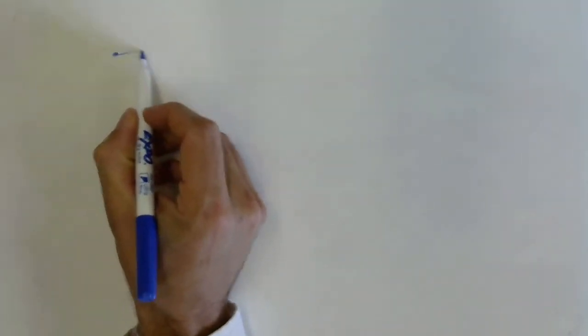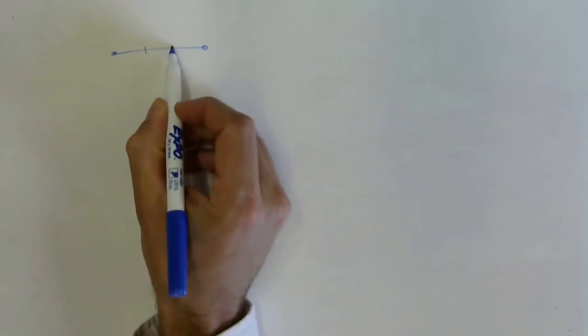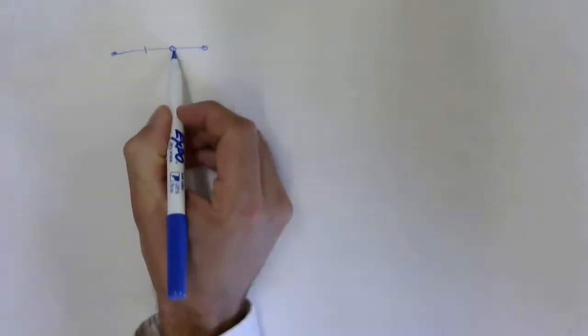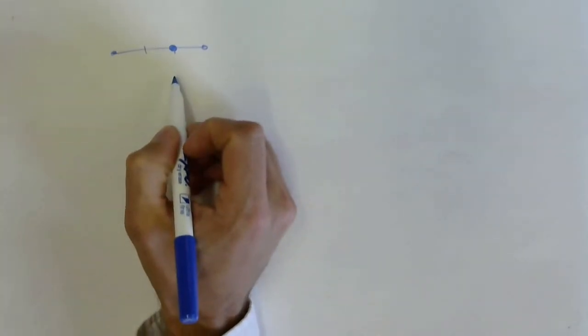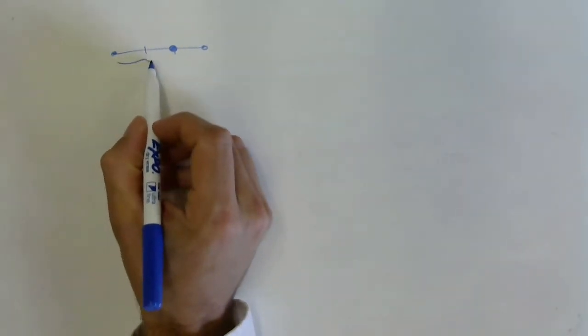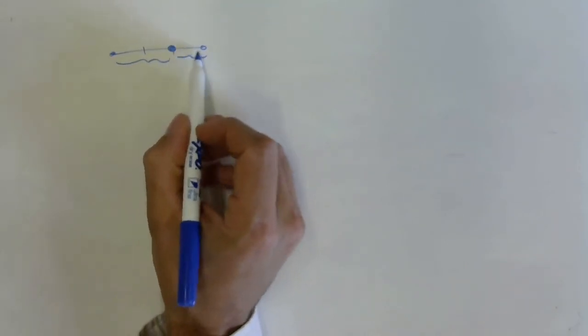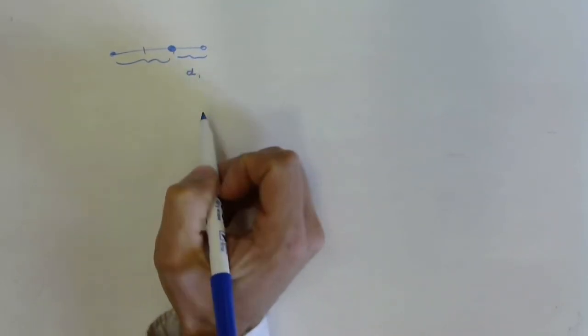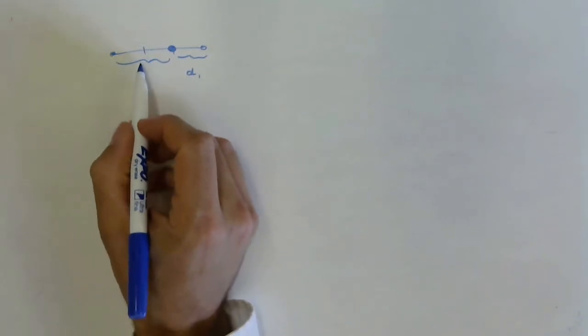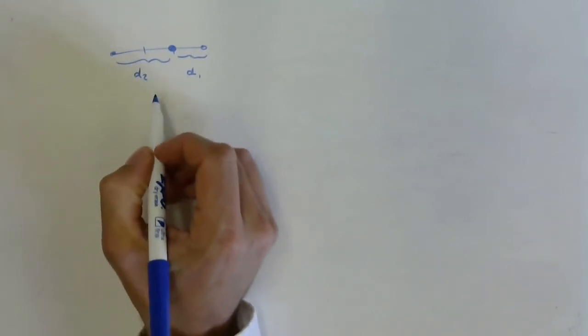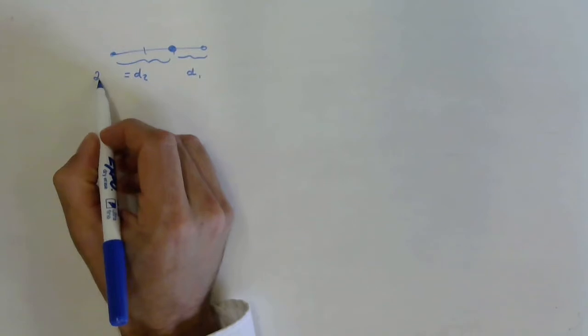Let's say we have a median here, and I split it up into 3 equal pieces. The centroid will be here, 2 parts to 1 part. So I'm looking to see if D2 is twice as big as D1.